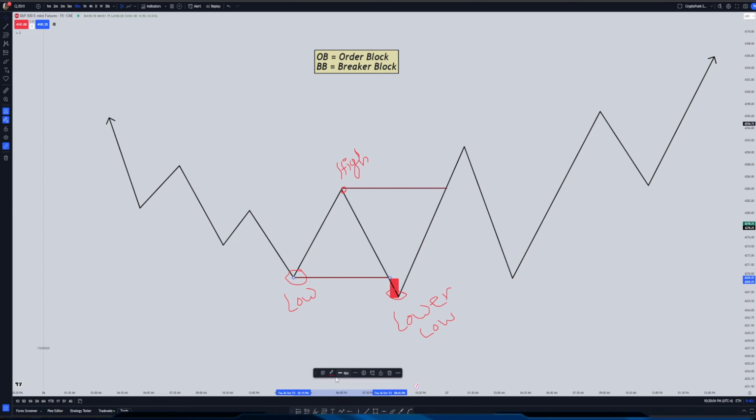So what happened here in our terms is, this is a liquidity grab and this is a market structure shift. If you have seen my market structure video, I think that's lesson 3, you should know what I'm trying to say here.